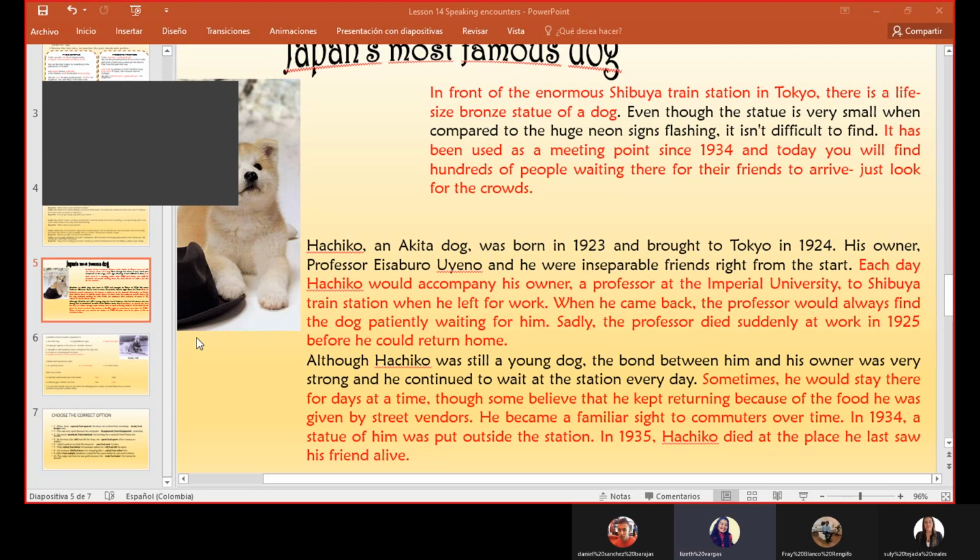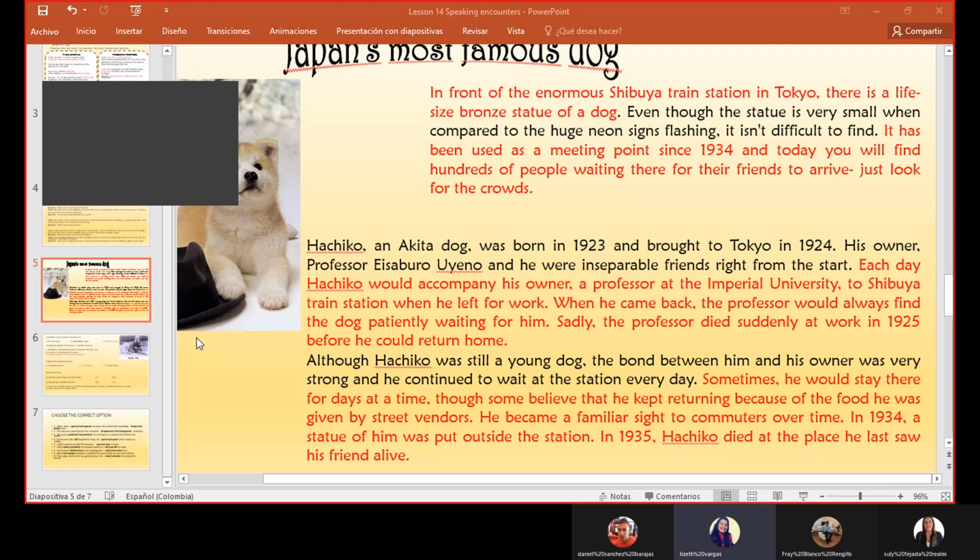Each day, Hachiko would accompany his owner, a professor at the Imperial University, to Shibuya train station when he left for work.